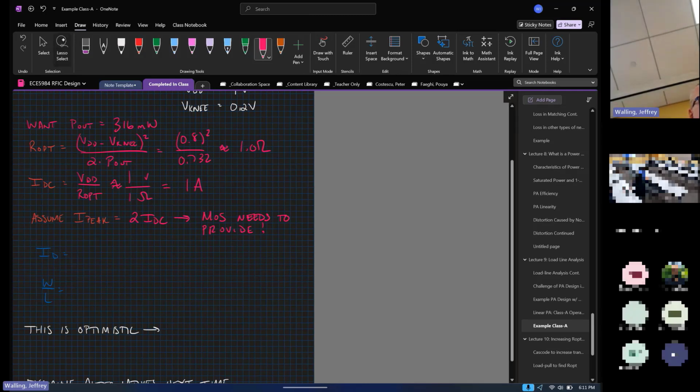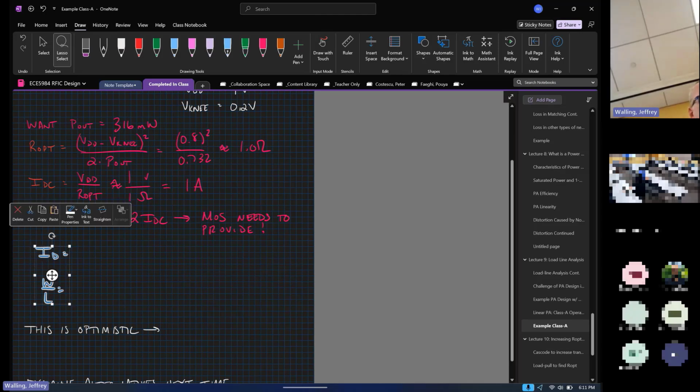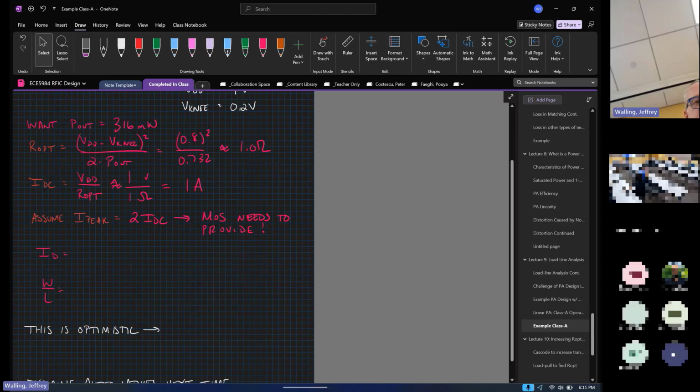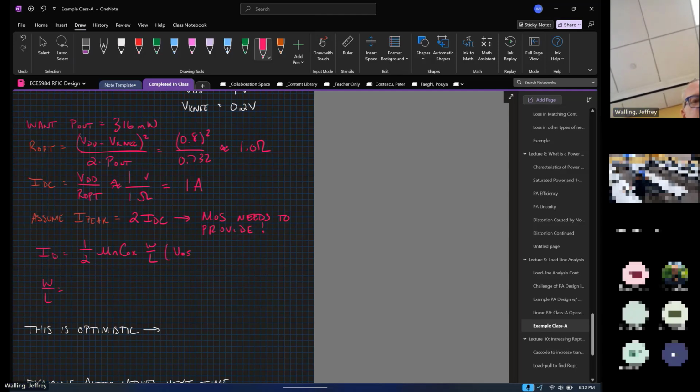All right, now I know I just told you square law is meaningless for these devices, but it's the best equation we have on hand for the time being. So ID is equal to 1/2 mu n Cox times W over L times (VGS minus VTH) squared. We'll leave off channel length modulation. So we can find W over L by inverting this whole equation.